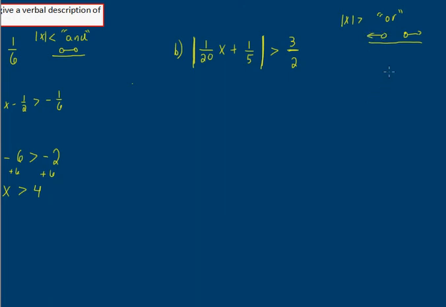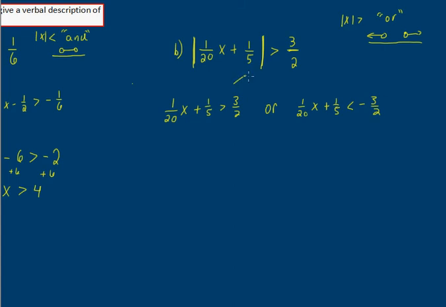Now if it's a special case, this is the one where you can have infinitely many solutions, but we're not going to discuss that right now. First thing we notice is our absolute value is isolated, so I can split it up into two inequalities: 1/20 x plus 1/5 is greater than 3/2, or, this is key, or, because it's greater than, 1/20th x plus 1/5 is less than negative 3/2.